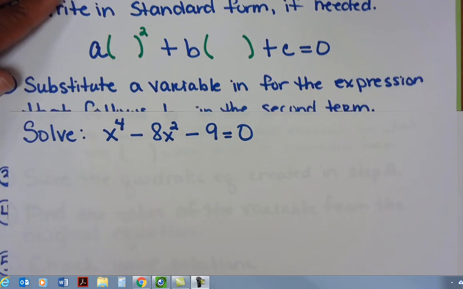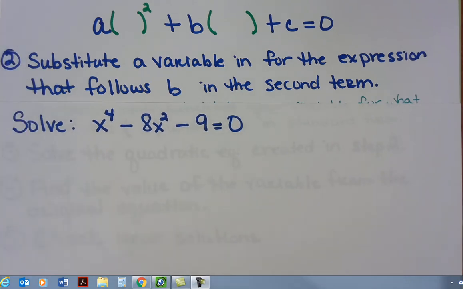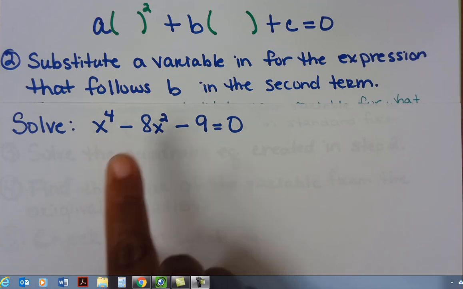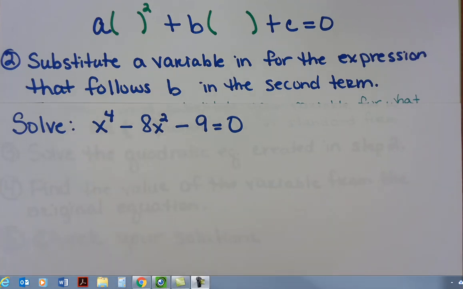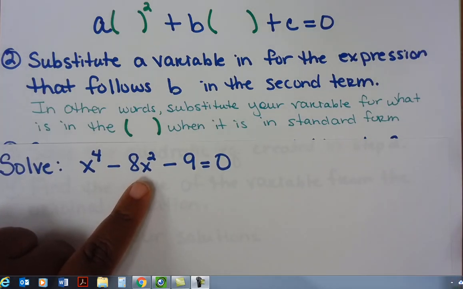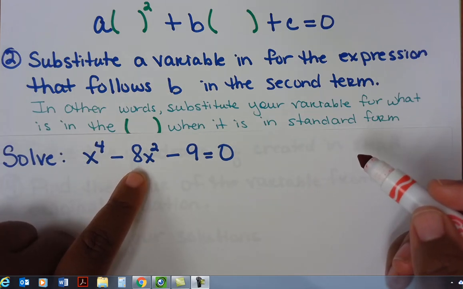Then we're going to substitute a variable in for the expression that follows b, being our middle term. So let's look at the expression that follows b, meaning what's going to follow the 8 here.